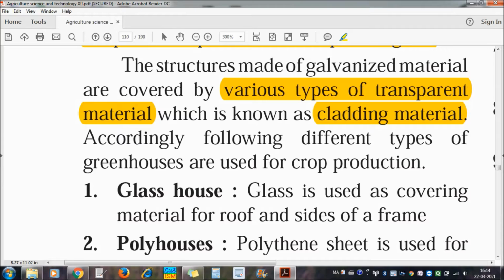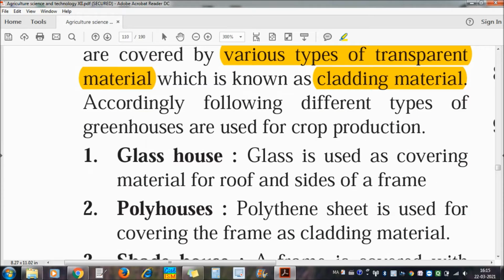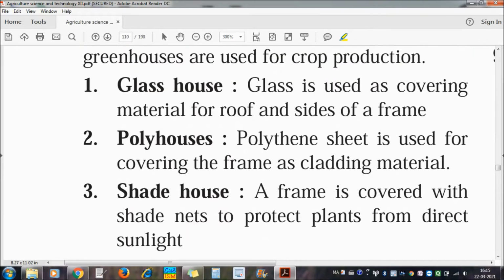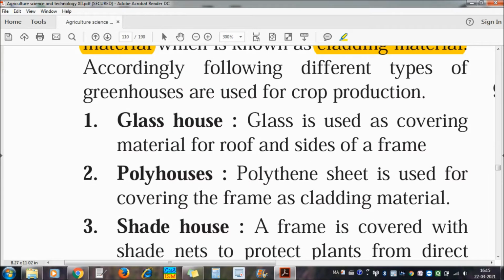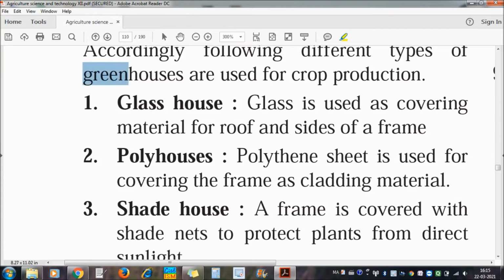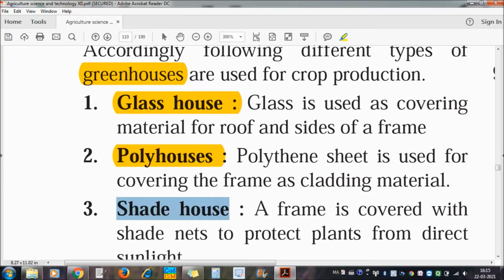Cladding material means a transparent material which is used for making of this glass house, greenhouse or polyhouse. So accordingly there are three types of greenhouses. Which are these three types? One, that is a glass house, another is polyhouse, and third is shade house.